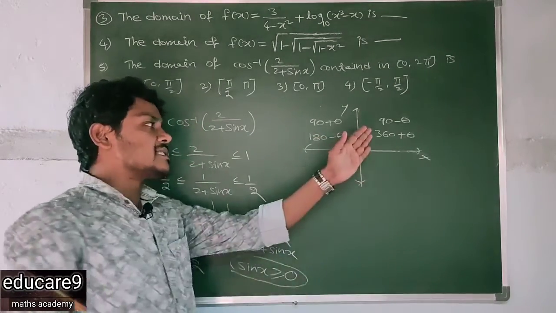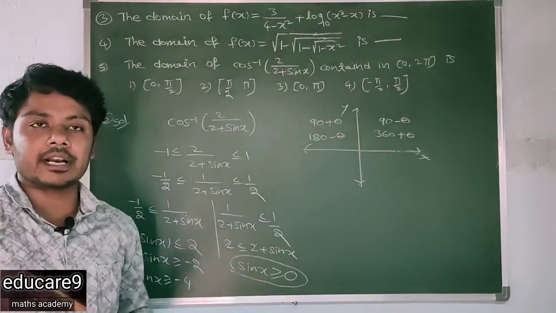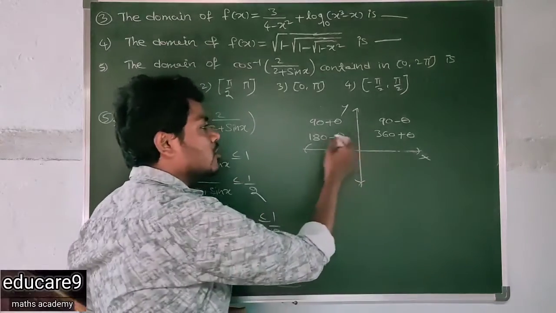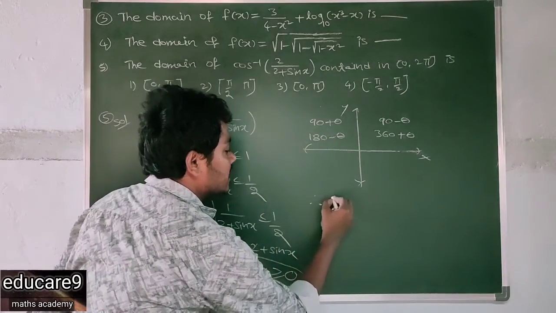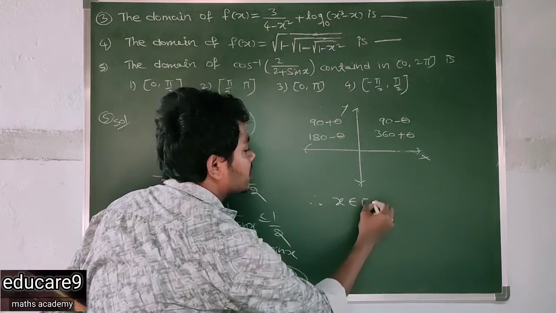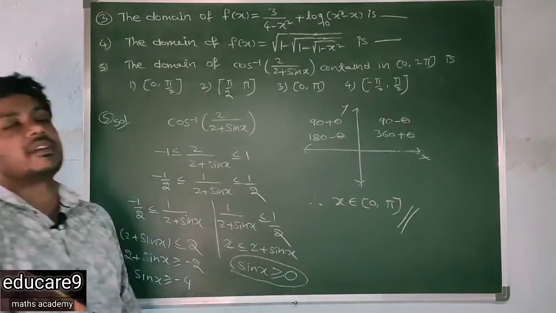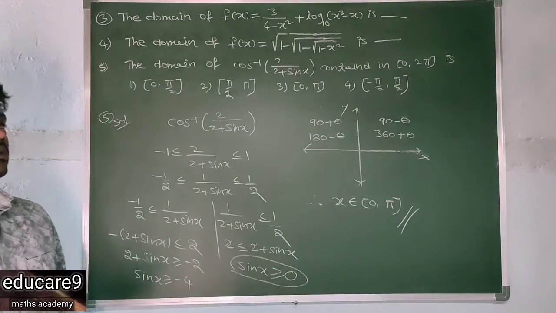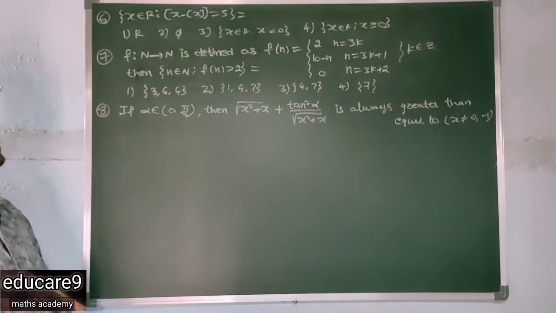So clearly sin is positive in both the first and second quadrants, which means 0 to pi. So therefore x belongs to the closed interval 0 to pi. So this is the domain of the given function. So option 3. So see our next question.